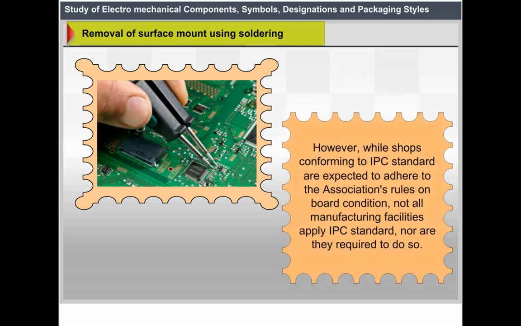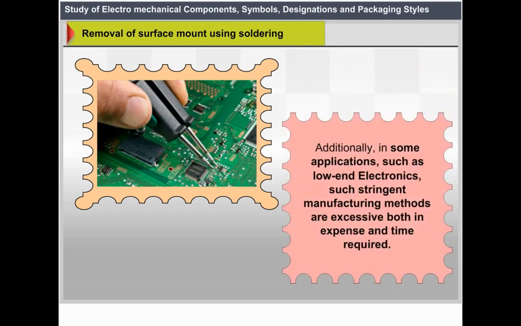However, while shops conforming to IPC standards are expected to adhere to the association rules on board condition, not all manufacturing facilities apply IPC standards, nor are they required to do so. Additionally, in some applications, such as low-end electronics, such stringent manufacturing methods are excessive both in expense and time required.